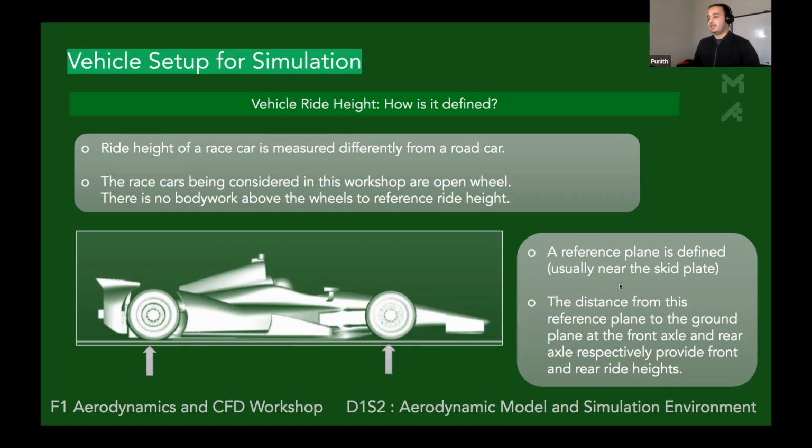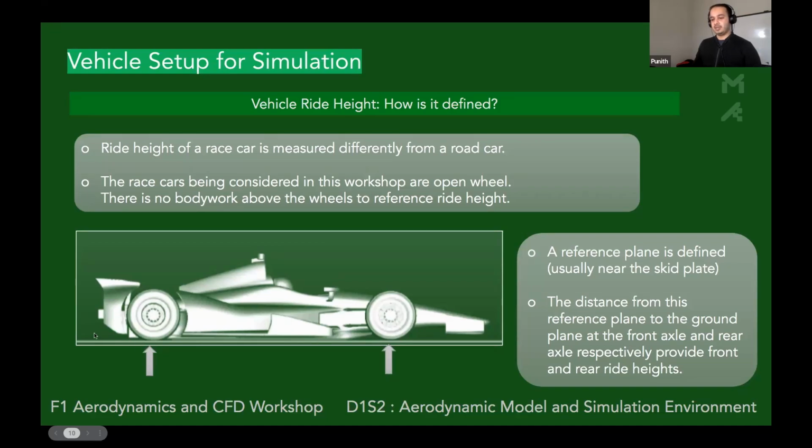It's slightly different. What you do is you define a reference plane on the car at the bottom of the floor. Usually, it's where the skid plate is. So you have a Z-aligned reference plane, just as a starting point, and that's your reference. And the distance from this reference plane to the ground plane at the front axle and the rear axle is your front and rear ride height.